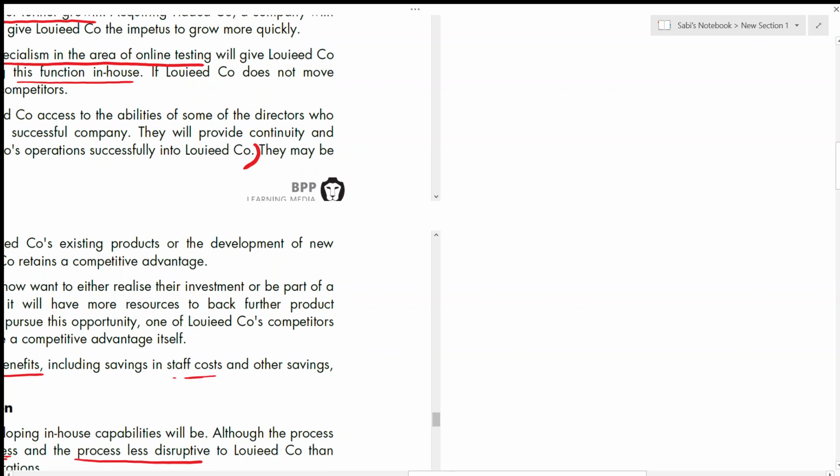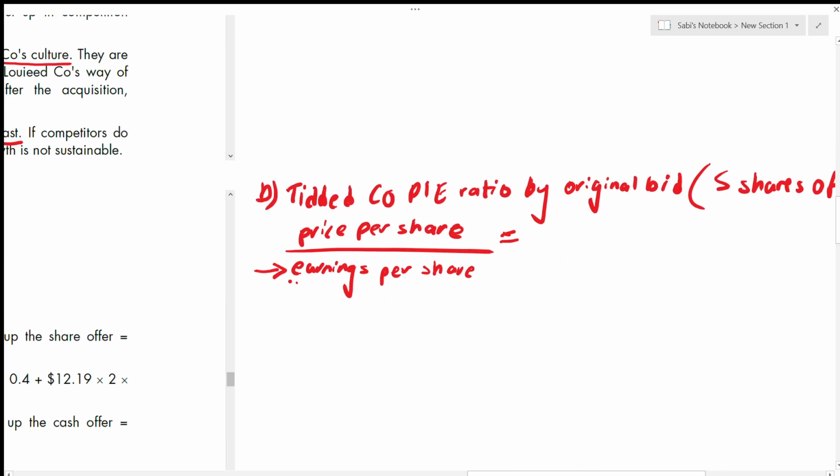So let me do it. I'm leaving a space here right now because once we do the working then we'll fill it. Okay, so price per share equal to, first we are calculating the price per share. How are we calculating the price per share? We have to find for the traded company, right?